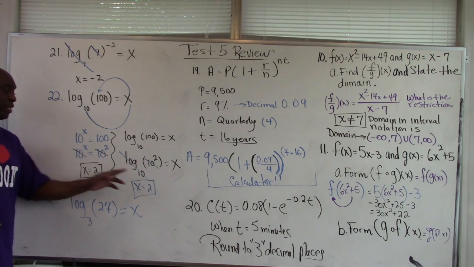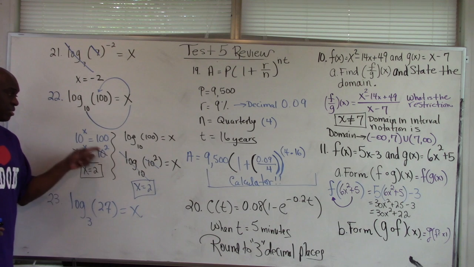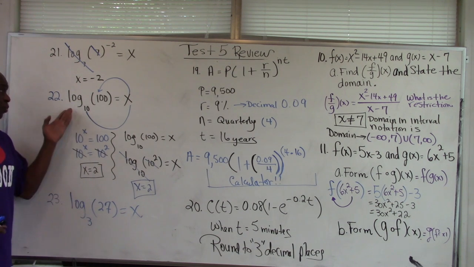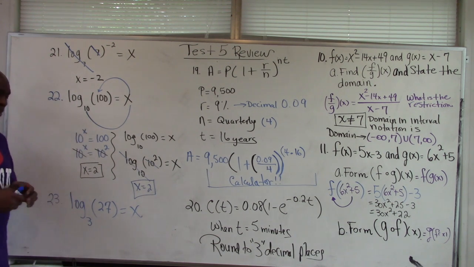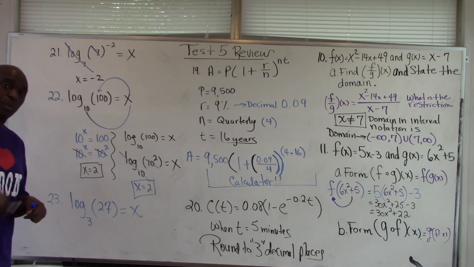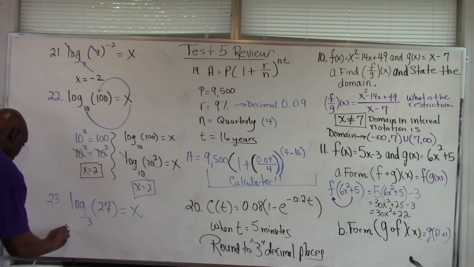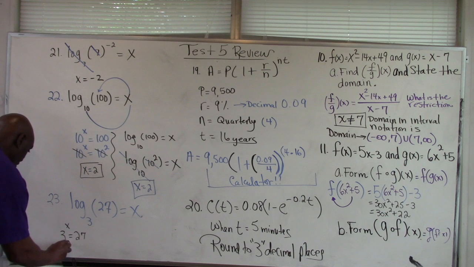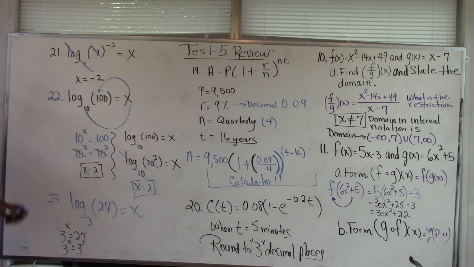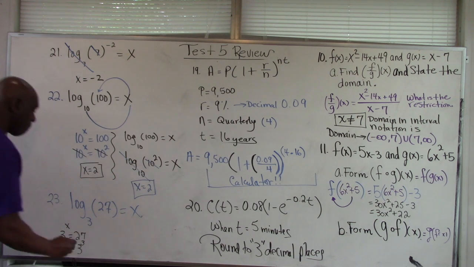In this case, you can do it either way again. 23 is 22 in essence. If you feel comfortable, wheels on the bus, do wheels on the bus. 3 to the power of x equals 27. 3 to the power of x equals 3 to the power of 3. That's what 27 is. So x equals 3.